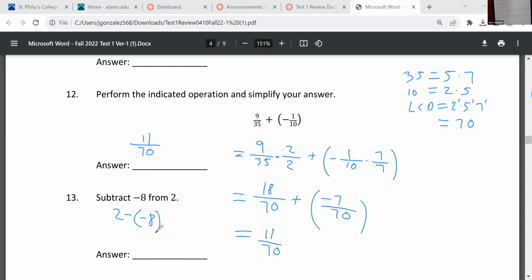Yeah, that's what we just did in the last section. So what is the answer? It should be 10.